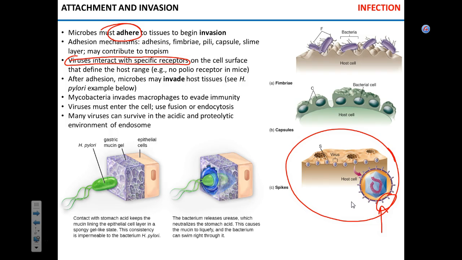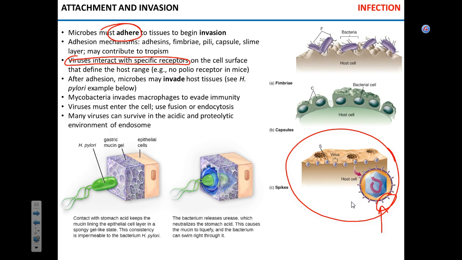The mouse will drown in the poliovirus, but it will not develop polio infection because mouse cells do not have the receptor for the virus. In 1990, a scientist at Columbia University, Dr. Vincent Racaniello, developed a strain of mice that actually have the human receptor for polio, transgenic mice.